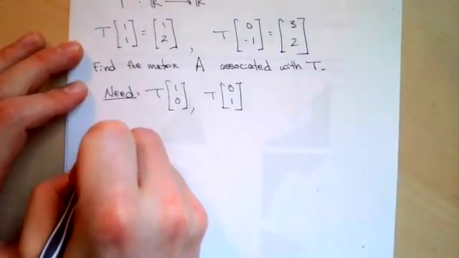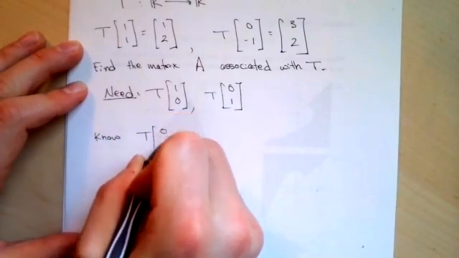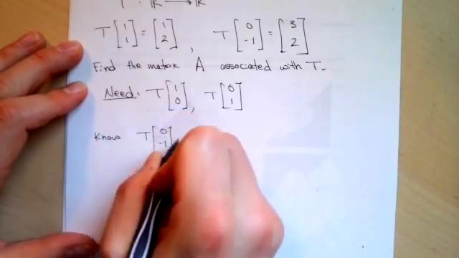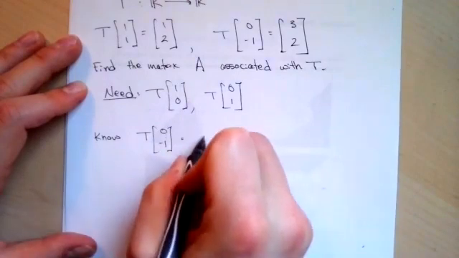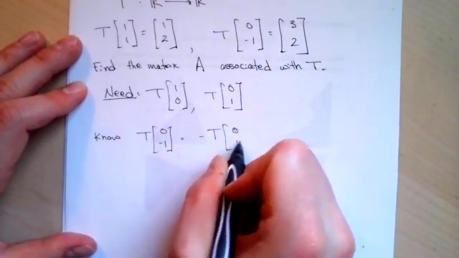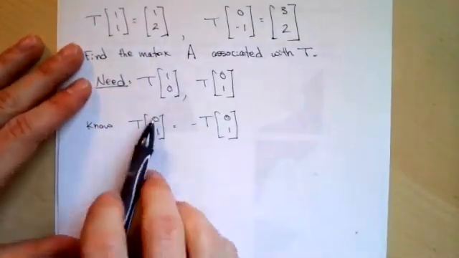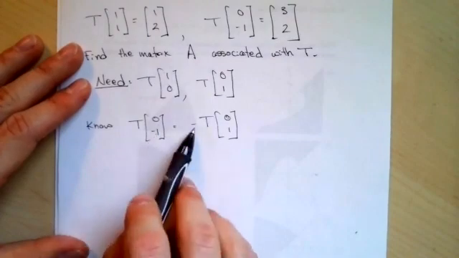We know that T of (0, -1) is going to be equal to negative T of (0, 1). So we're just pulling the scalar multiplication of this vector (0, 1) by negative 1 outside.